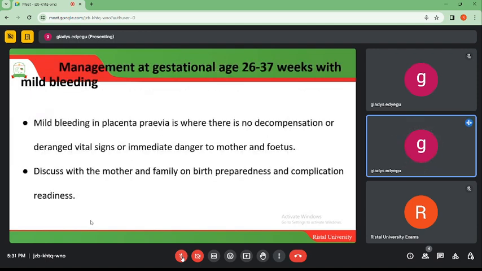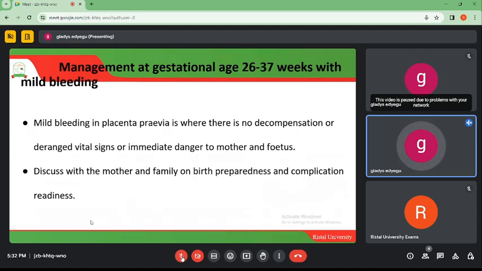So, in management at gestational age of 26 to 37 weeks with mild bleeding, the first one, we were managing the mother and there was no bleeding. But here now we are looking at a mother at 36 to 37 weeks, but there is mild bleeding. Mild bleeding in placenta previa is where there is no decompensation or deranged vital signs or immediate danger to the mother and the fetus.